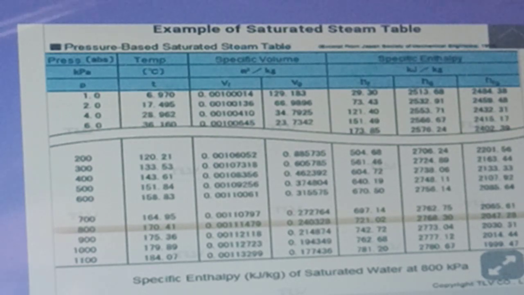The latent heat hfg is 2,513.68, 2,532.91, 2,553.71, 2,566.67, 2,576.24, and hg is 2,484.38, 2,459.48, 2,432.31, 2,415.17, 2,402.39.